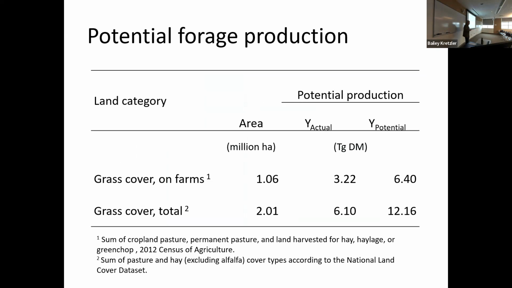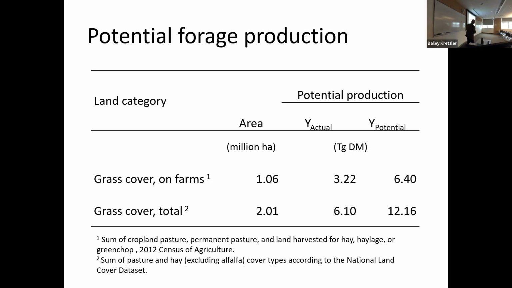All right. Let's try putting this all together, because this is the challenge we faced towards the end of the project. We looked deeply at feed, we looked deeply at land, we even looked at yield. How do we draw it all together? Step one is looking at the potential forage production. This table is really meant to show how much of a range of variability there is in these estimates.